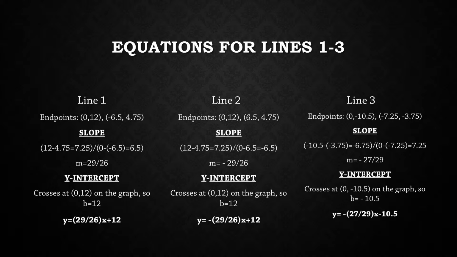After that, we find that the slope is negative 27/29. The y-intercept crosses at 0, negative 10.5 on the graph, so b is negative 10.5. After we plug those back into the equation, we find that the equation is y equals negative 27/29x minus 10.5. Again, that's negative 27 over 29 times x minus 10.5.